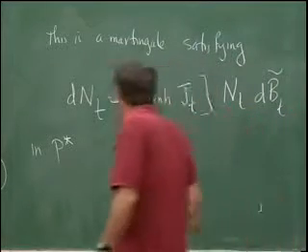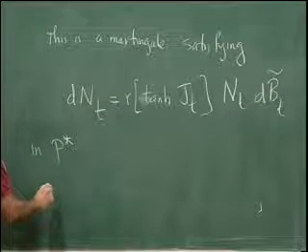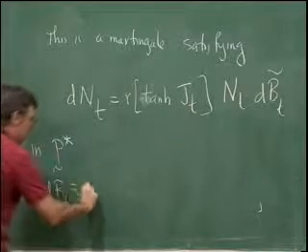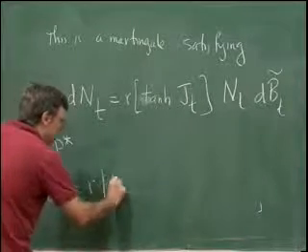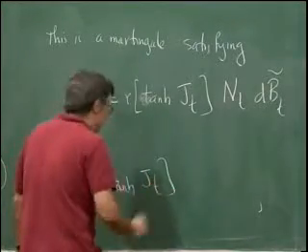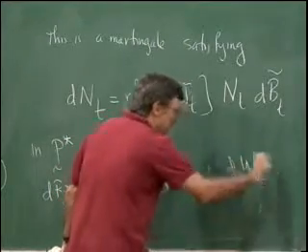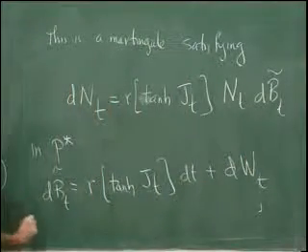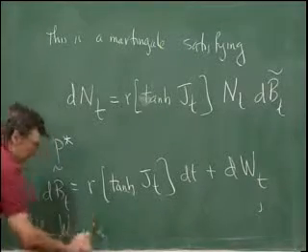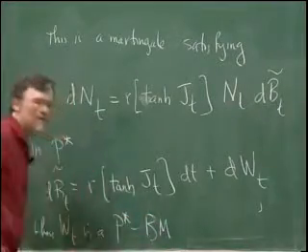So in P star, in this time change, we have dB_t tilde equals r tan j_t dt plus dW_t, where W_t is a P star Brownian motion.